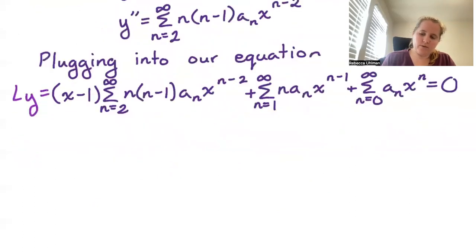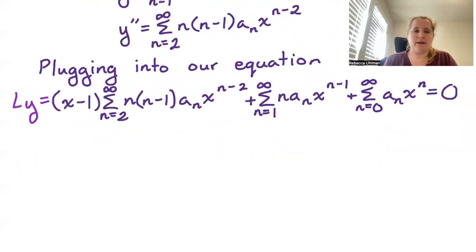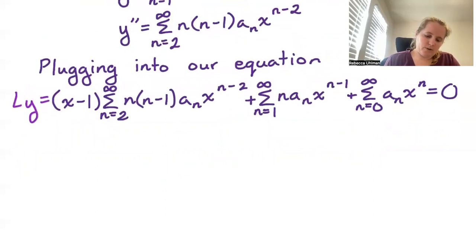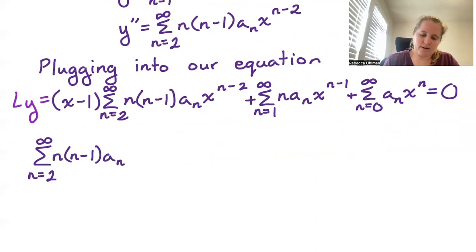If we go about expanding or multiplying out that x minus 1, this becomes the sum from n equals 2 to infinity of n times n minus 1 a sub n times x to the n minus 1. That's multiplying in x.